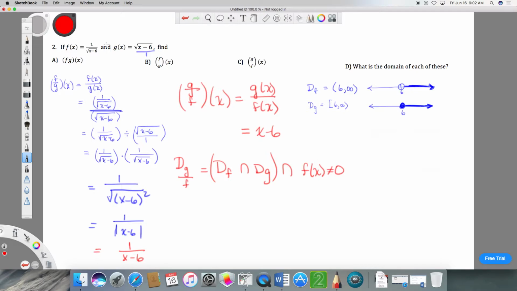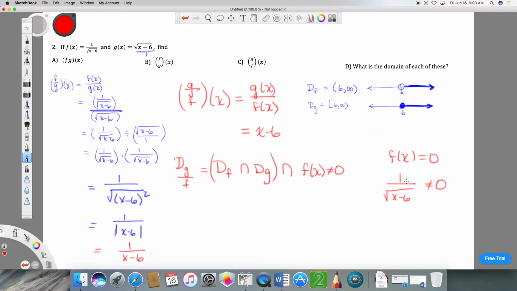But if we look closely at f of x, does f of x equal 0 even have a solution? Because f of x is 1 over the square root of x minus 6. And I claim there's no way that this fraction would ever reduce to 0, because the way that a fraction reduces to 0 is if the numerator is 0.